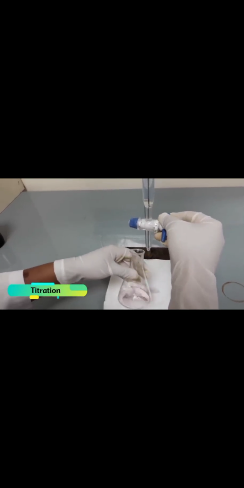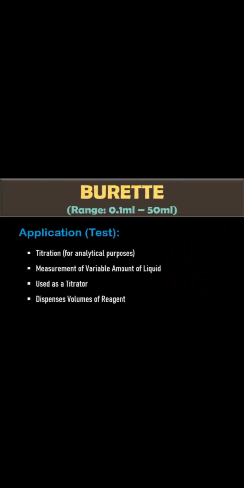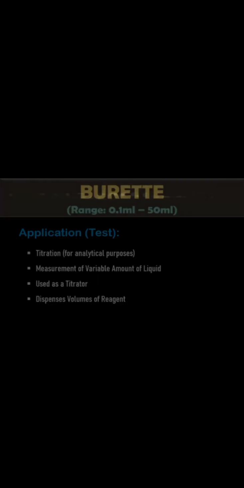It is also used as a titrator in all analysis. So every analysis that involves a titration, the burette will serve as a titrator throughout the whole steps of the analysis. And also remember, during your titration, the gap between the first and second titer value should not be more than plus or minus 2.